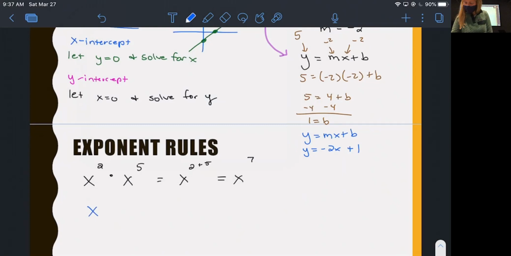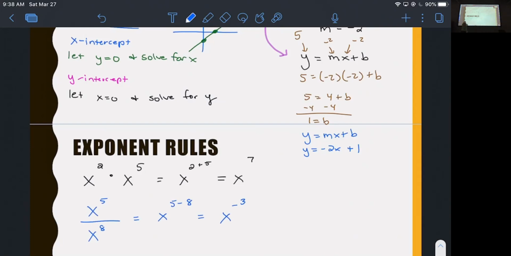What if it was x to the 5th over x to the 8th? You can subtract the exponents. So this is the same thing as x to the 5th minus 8. And what's 5 minus 8? -3. So this is x to the -3rd. But if we went back to the beginning, when in doubt, expand it out.